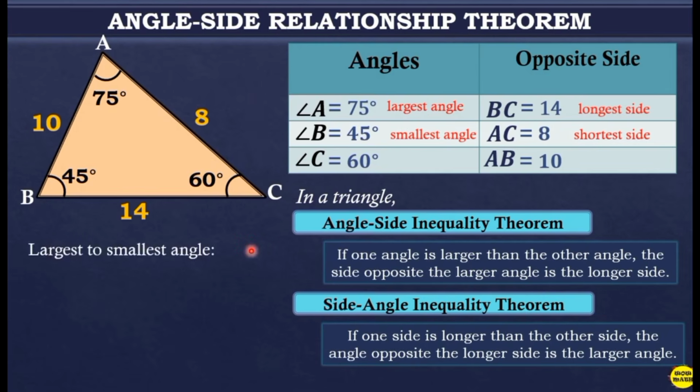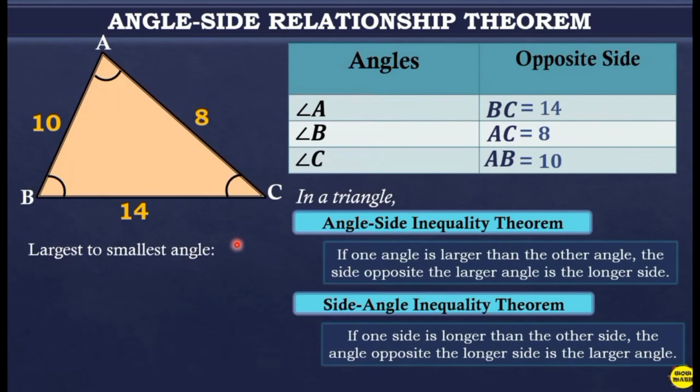Okay. So, we can now identify the largest to smallest angle. We will be arranging the angles in descending order, starting from the largest going down. How will we know, using this inequality theorem, since we said earlier that the largest angle is always opposite the longest side and the smallest angle is always opposite the shortest side?